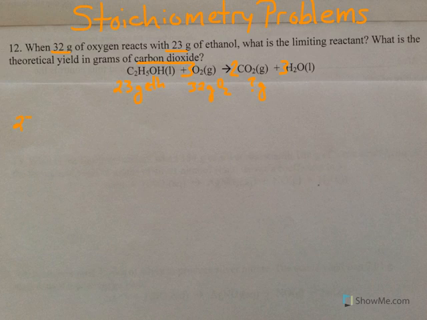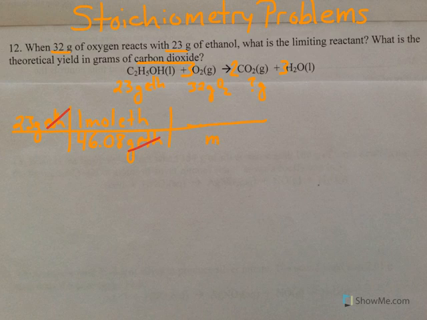So we have 23 grams of ethanol, and we need to convert that to moles. So we use our periodic table, and we determine that the mass of a mole of ethanol is 46.08 grams, so that will go down here. And that's for 1 mole of ethanol. Okay, so far my units of grams of ethanol will cancel. And then we want to go to the mole ratio.